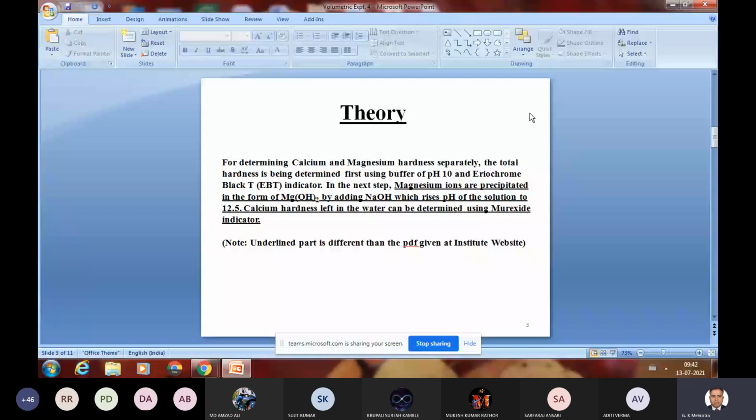The indicator in its liberated state assumes a blue color, and so the end point is recognized by the appearance of blue color.